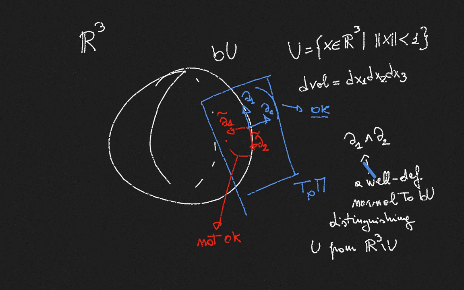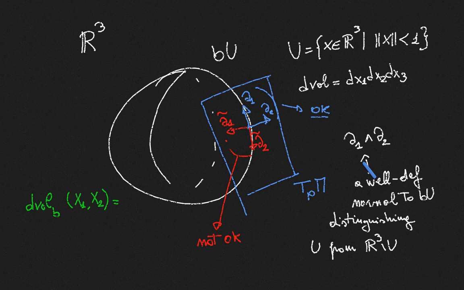So the volume on the boundary, let me write this. It's not proper, but let me write it. Applied to two tangent vectors x1 and x2, I want the volume, in this case the area of the parallelogram.